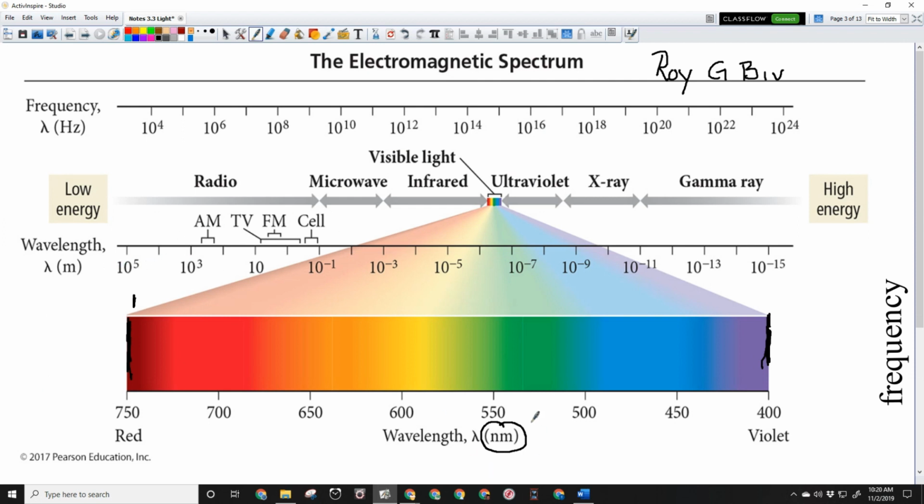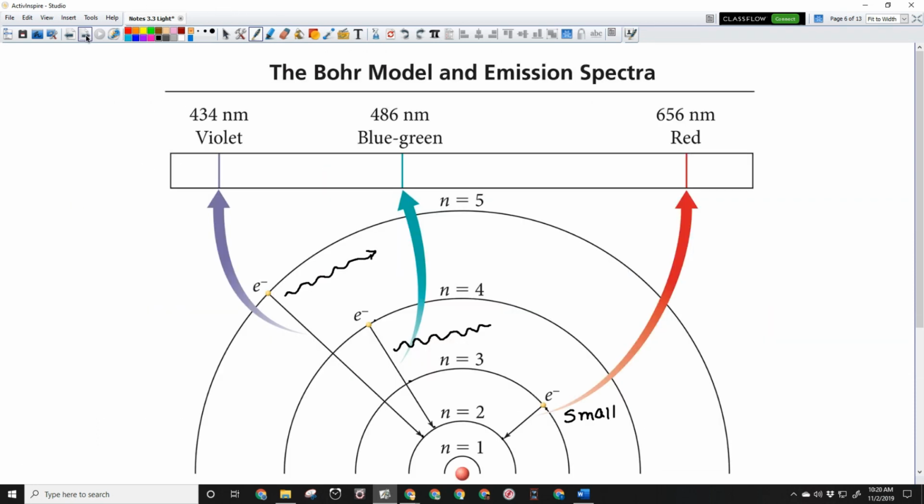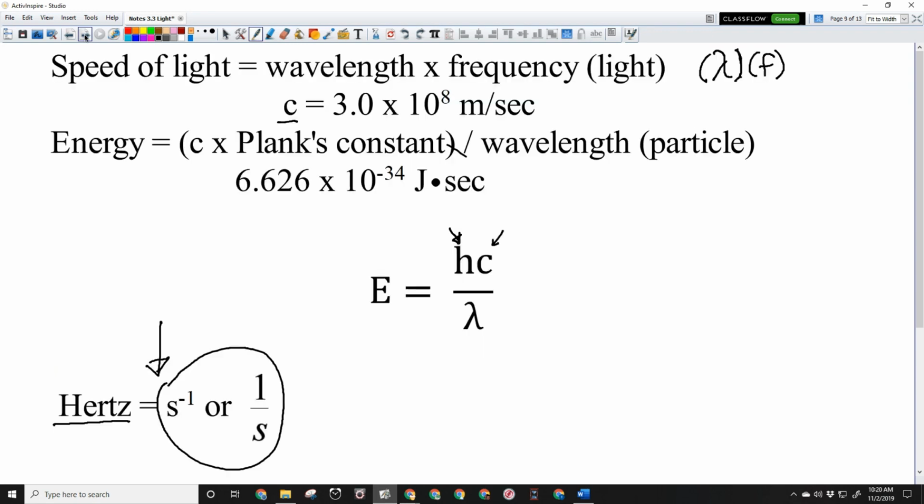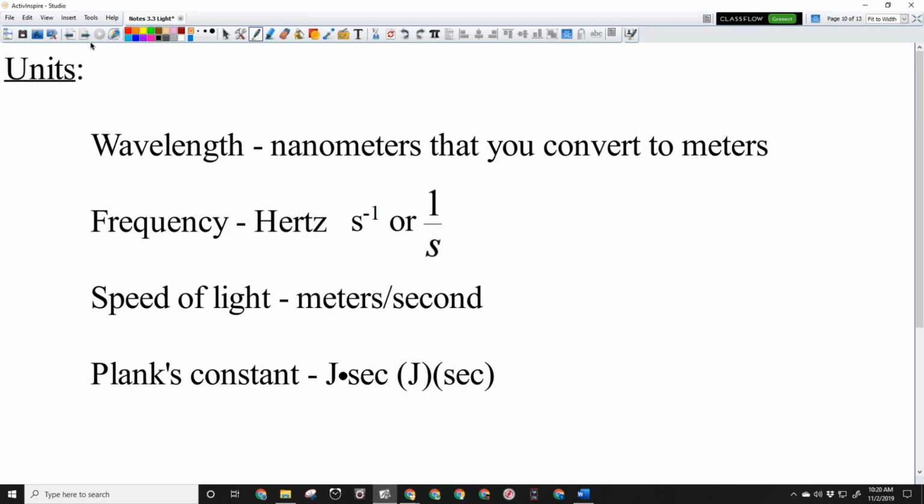So when you're given a wavelength of light, you're going to have to convert that to meters, because the speed of light, the constant 3.0, is given to you in meters. In order to use these in a calculation, we have to make sure that the units are the same. We can't have a calculation where one variable uses nanometers and the other uses meters. They have to be the same.